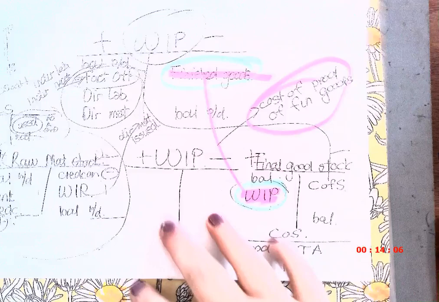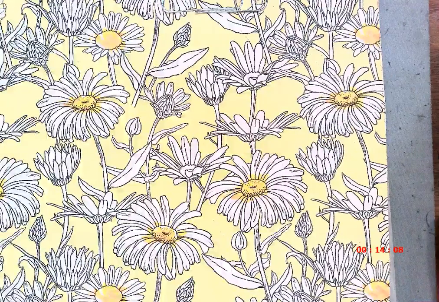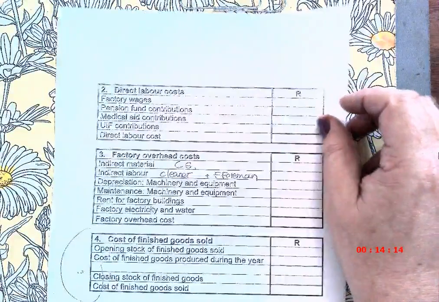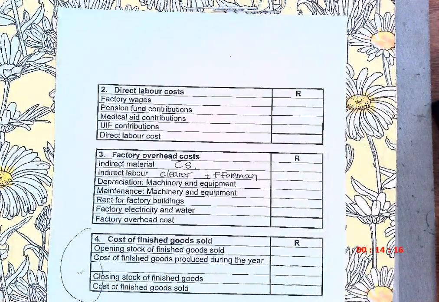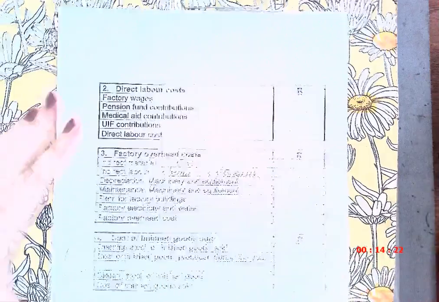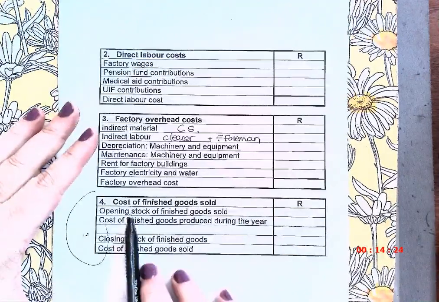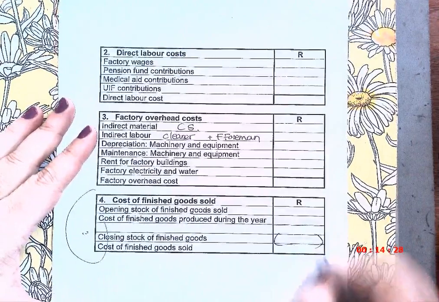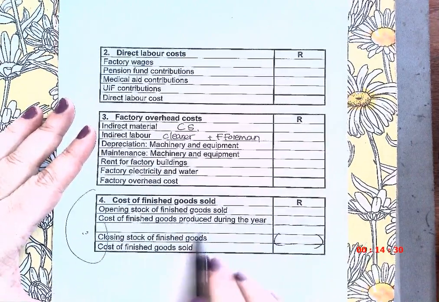Now, the second part of the questions, I told you now. Remember, the first part, yes? Where do we get cost of sales? They'll give it to you. So how they can give you cost of sales, can you see here? Opening stock minus closing stock, right? Cost of finished goods produced during the year.